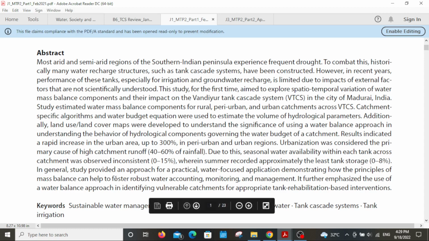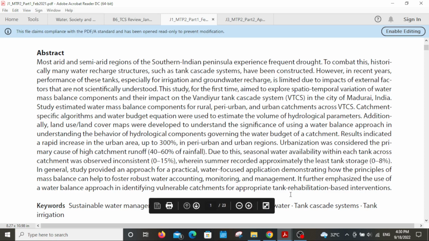In general, the study provided an approach for a practical water-focused application demonstrating how the principles of mass balance can help to foster robust water accounting, monitoring, and management. It further emphasized the use of a water balance approach in identifying vulnerable catchments for appropriate tank rehabilitation-based interventions.